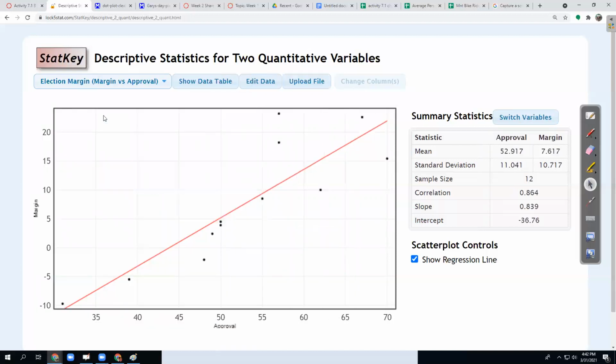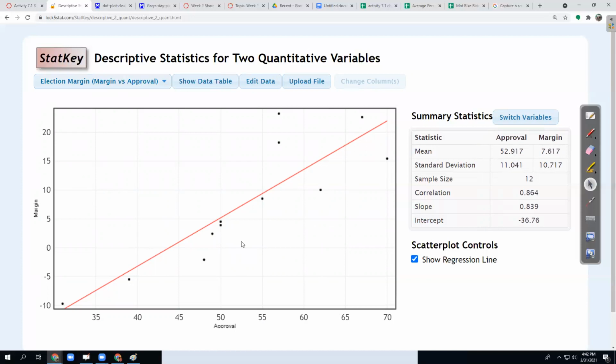Let's look at a couple of others here. Margin versus approval rating. So this was presidents serving a second term. Their margin means how many points they won the election by over their opponent. And approval means their approval rating at a time.